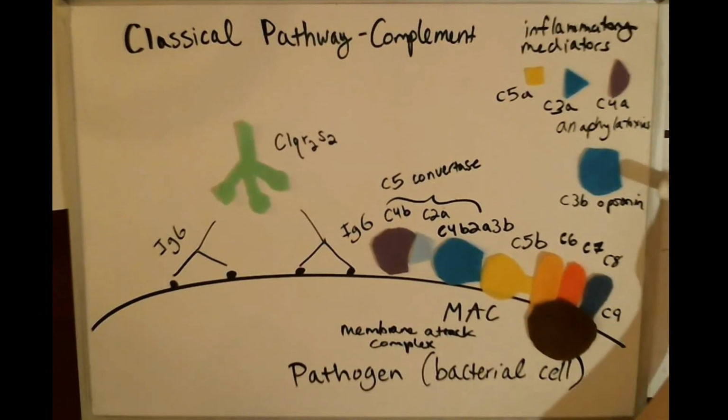And we've also produced a very efficient opsonin, C3b, which is going to help coat the surface of pathogens. And there are actually receptors on phagocytic cells that will recognize this opsonin and enhance the opsonization process, so they will engulf those pathogens and start to destroy them in lysosomes that contain granules or enzymes that work at low pH.